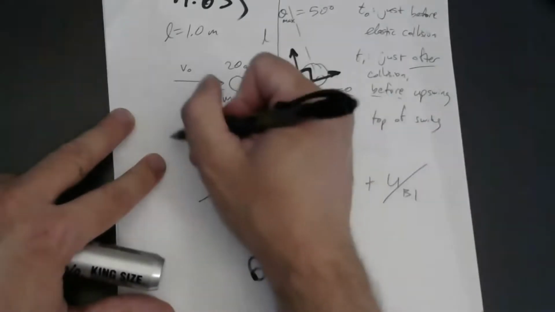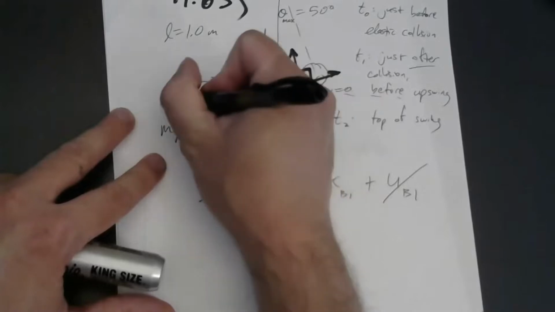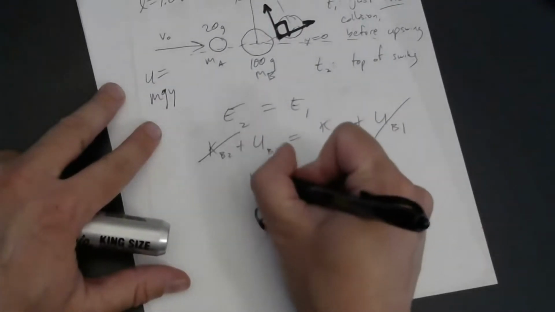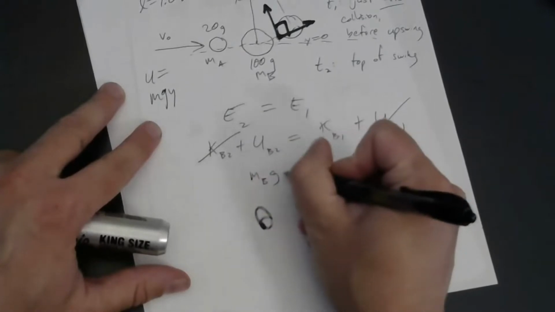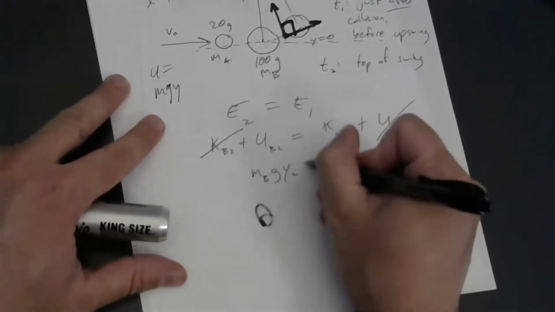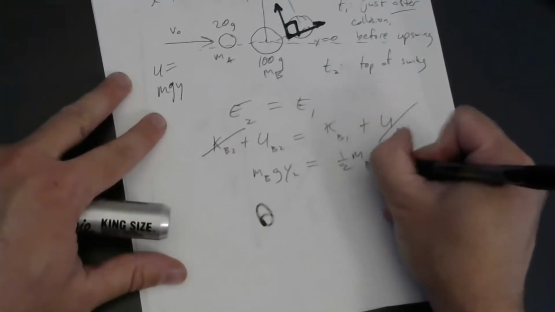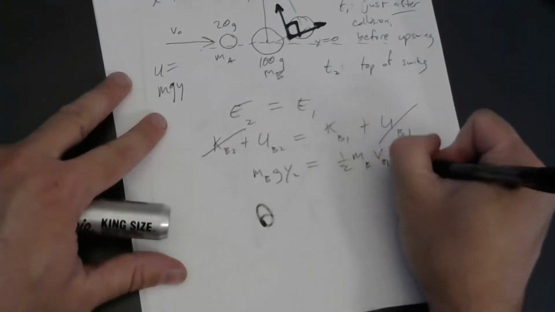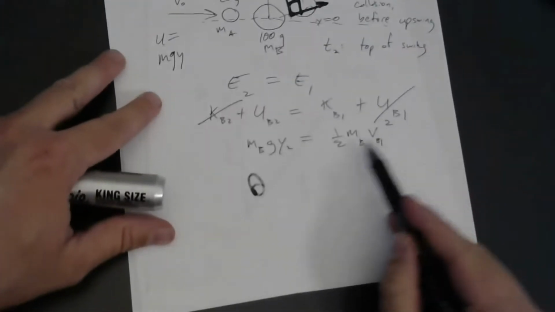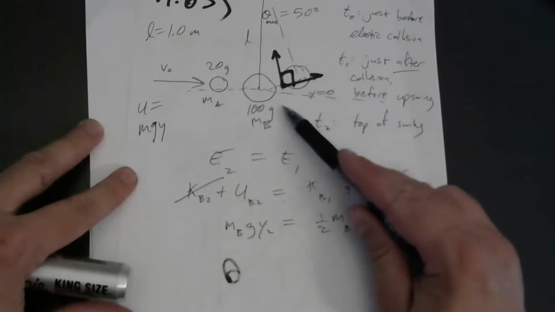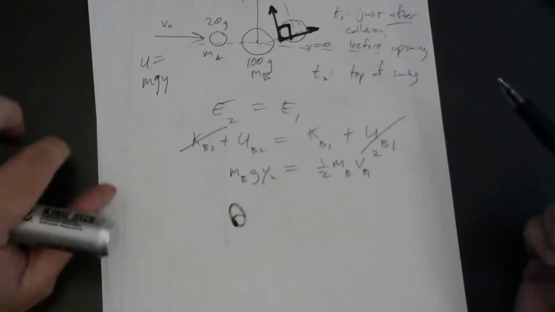And so when I plug that into mgy for gravity energy, I would just get 0. So I'm really going to say that mgy at 2 would be 1/2 m_B v_B1 squared. This is the kinetic energy of mass B at time 1. That's right after the collision, but before the upward swing.